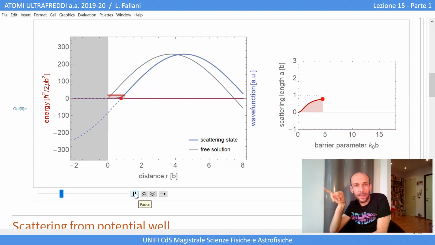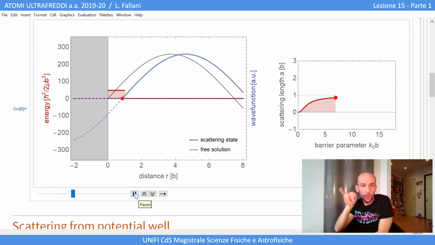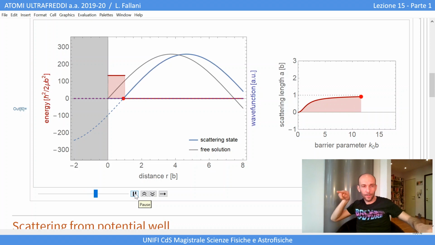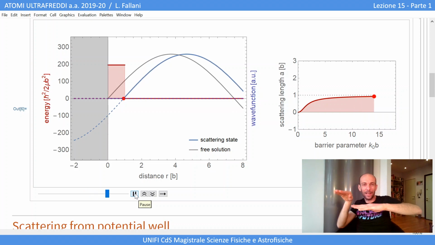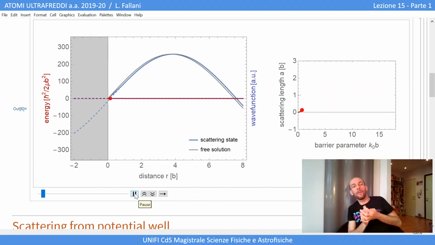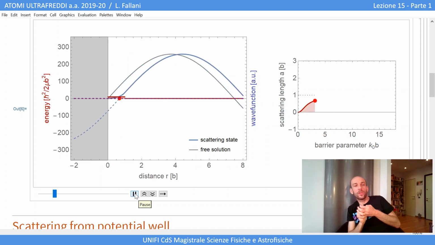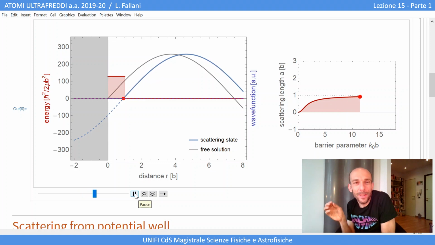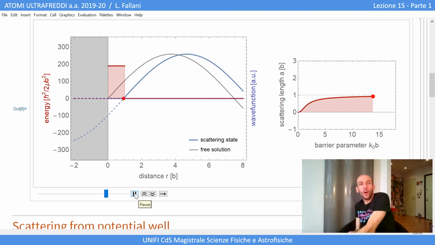So here the scattering energy is very small, and so you can see this dashed red line that is almost zero. So this is the energy of a scattering state. So we are really considering the very low energy limit of a scattering. And in the plot on the right, you see the same plot that I have drawn on the whiteboard before.